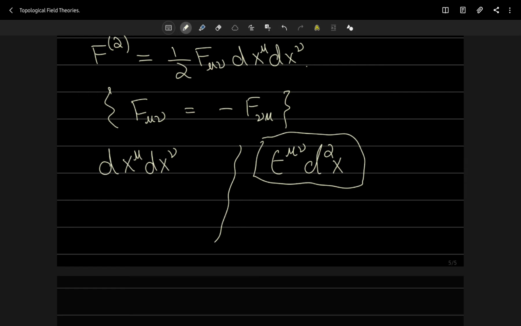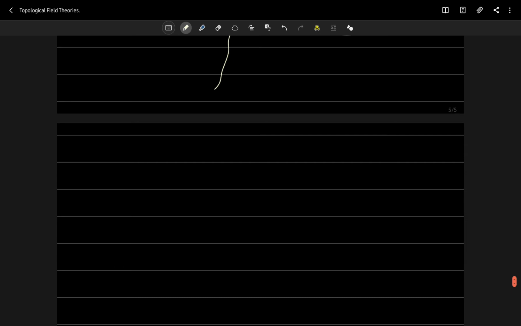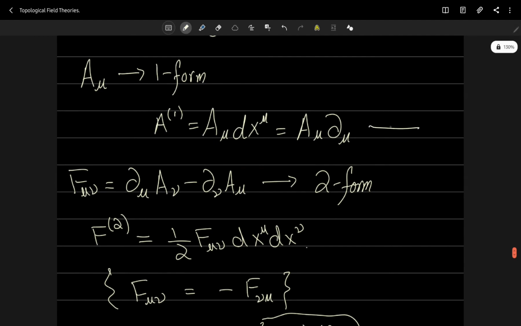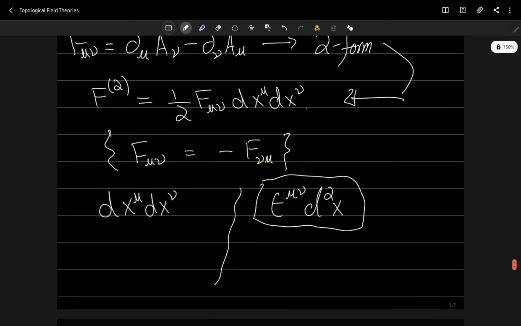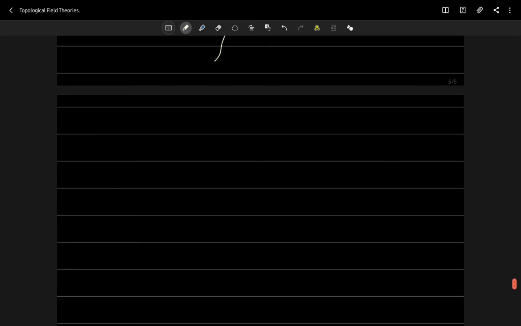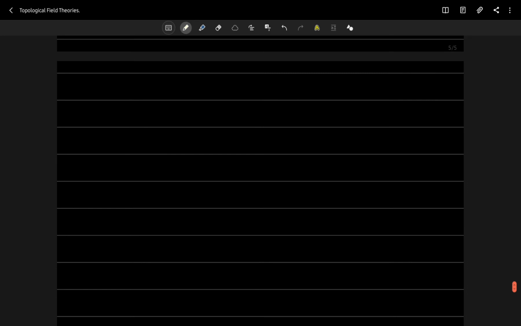Now, from here we have a one form and a two form as well, right? Where again, if you forgot, this is your one form and this is your two form. So we have these two at our disposal, but recall also from the differential forms we have the wedge product.